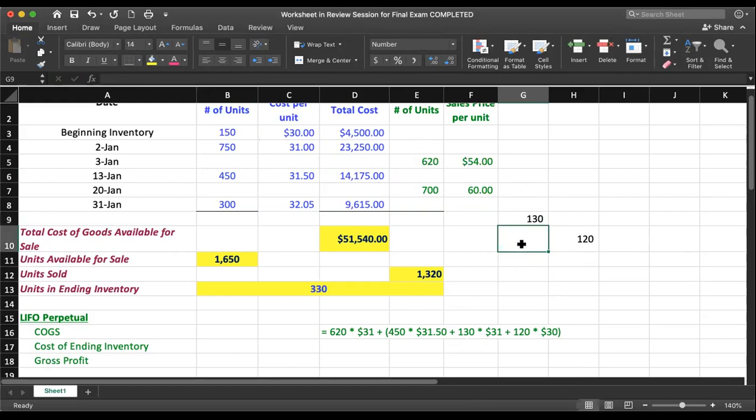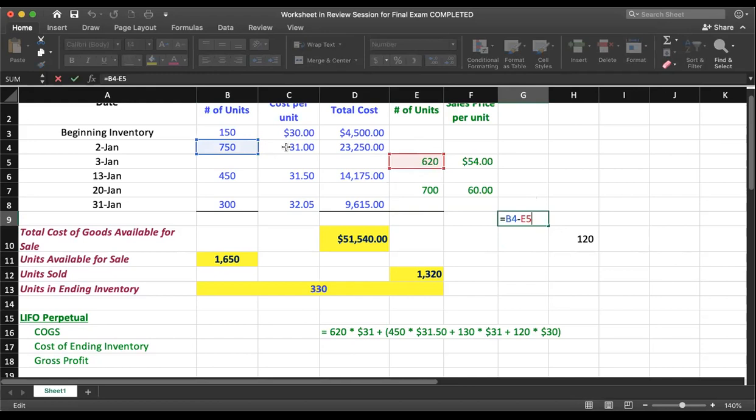So this is how I came up with the 130, which is 750, but we've already sold 620 that we've costed at the $31 price. So what's left is 700 units minus, we've costed 450 of them at $31.50.